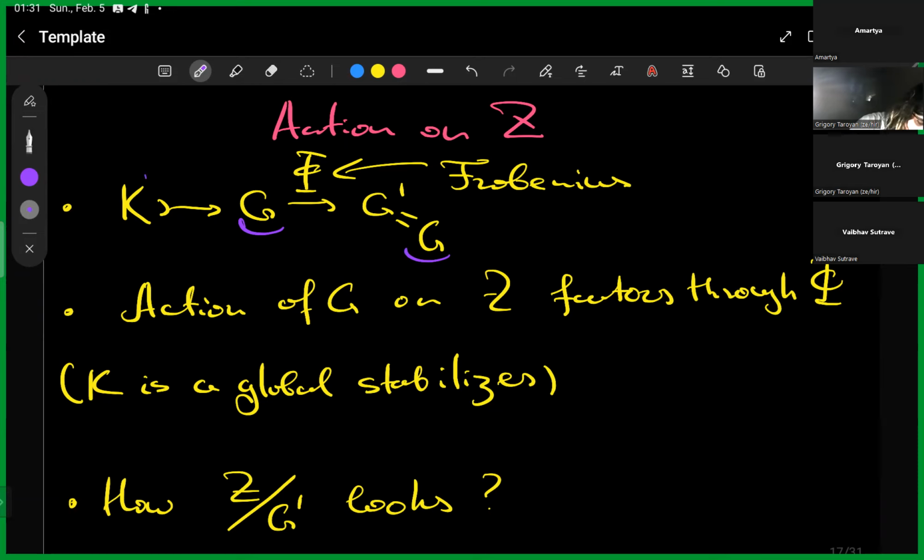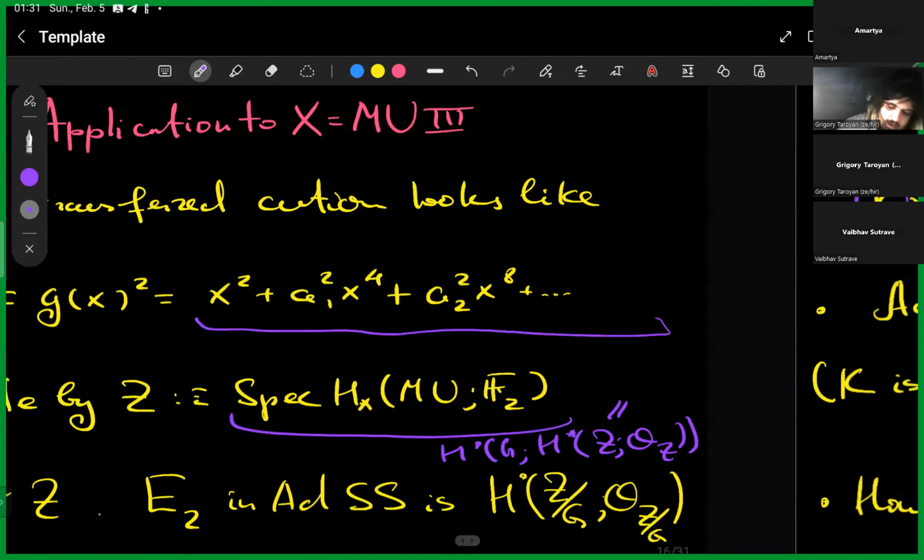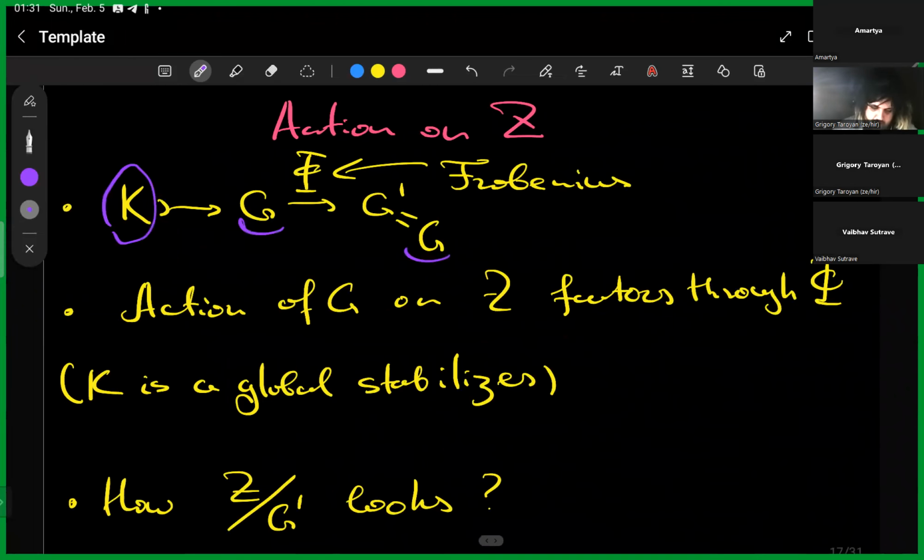And this homomorphism is not an isomorphism, obviously, and it has a kernel which we denote by K. As it turns out, the action of G on Z, well, it's not hard to see from this description, factors through F, meaning that K is a global stabilizer of this action, and it acts trivially. So a first approximation of Z mod G is Z mod G prime.